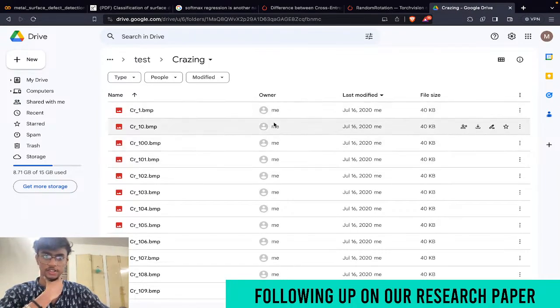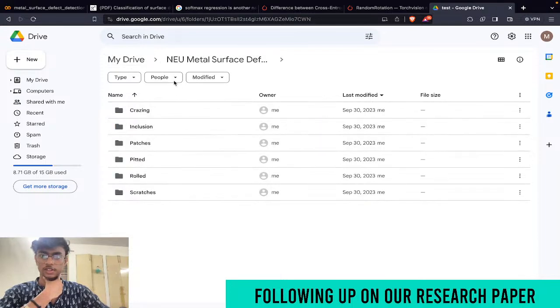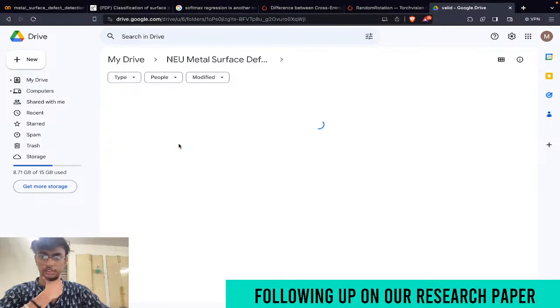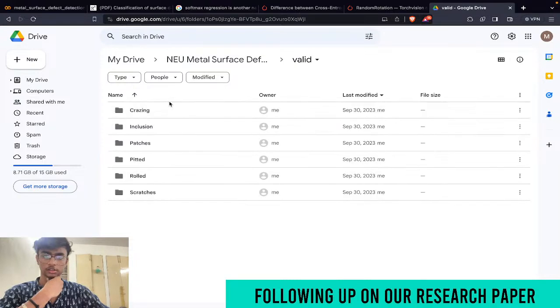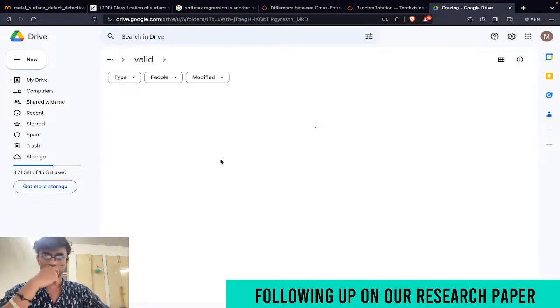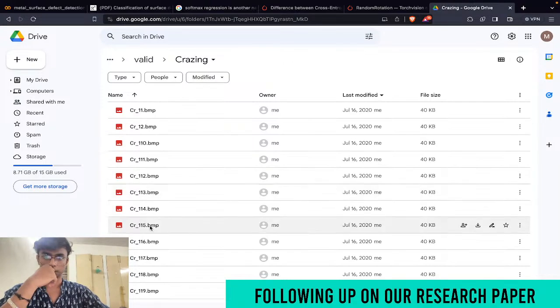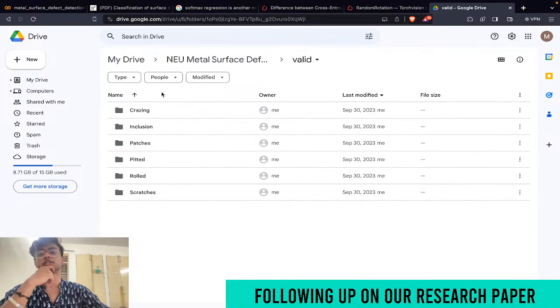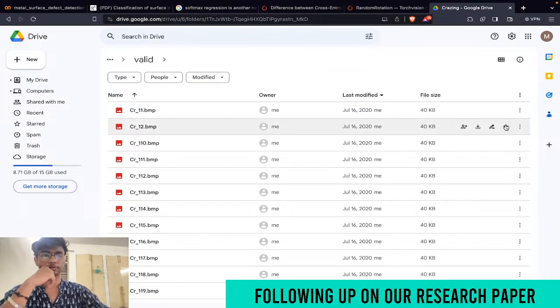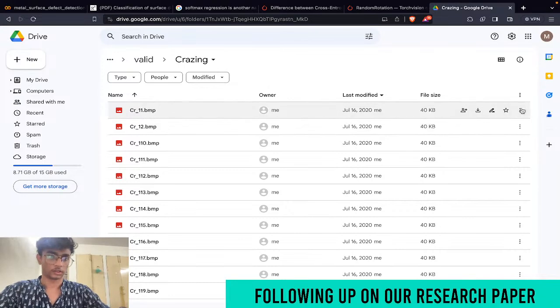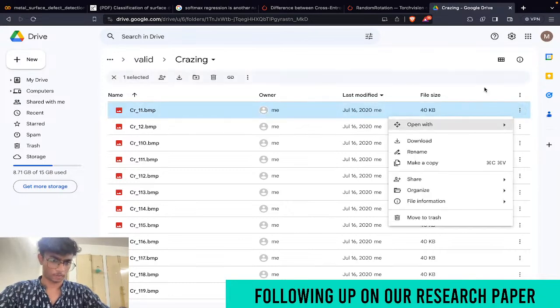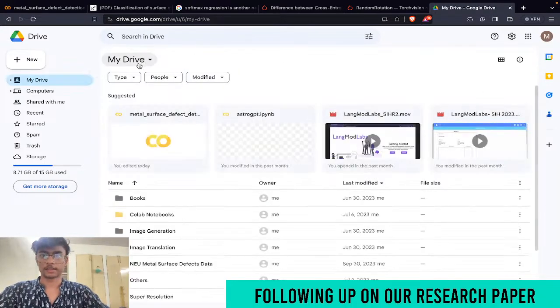That is very less. So I guess we have more images in the validation. Oh, they both have same images. So okay, let's do one thing. Let's combine these two datasets.